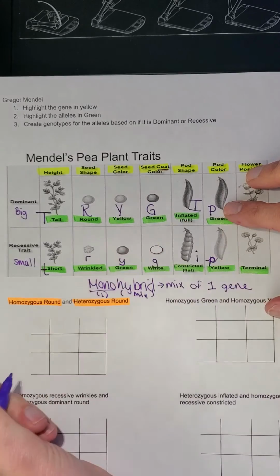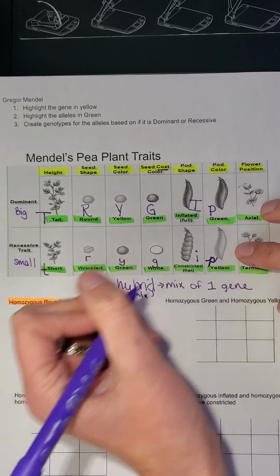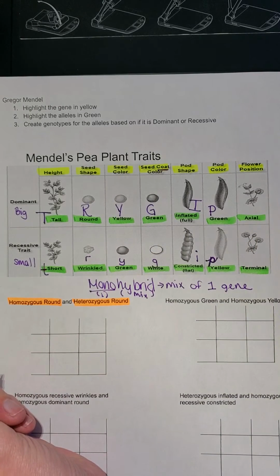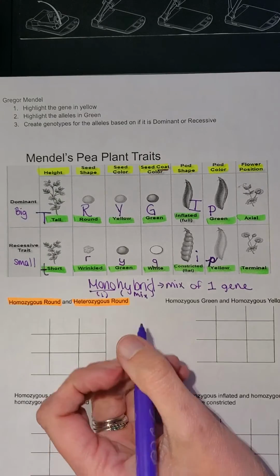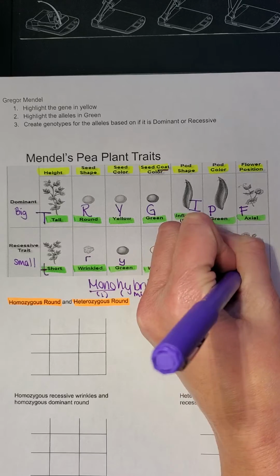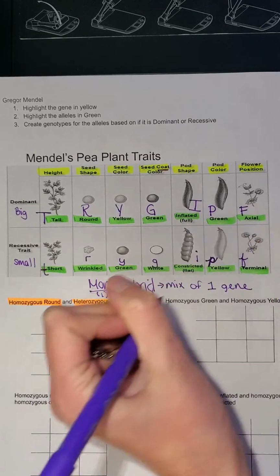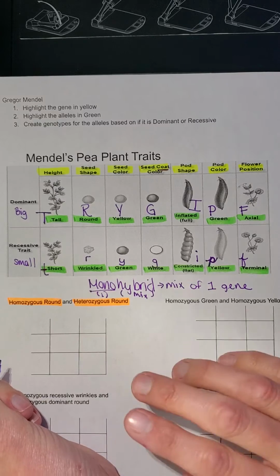So my little letters, when they match my big letters in shape, I do in cursive. So then this is axial and terminal, flower position. I'm going to go ahead and I'm going to use F. Okay. So now it's going to be a little bit easier.